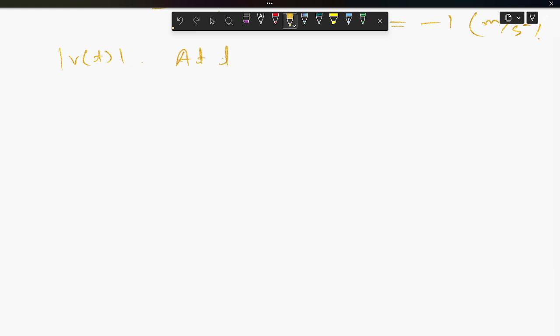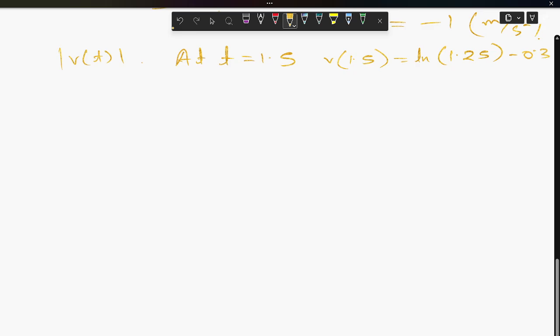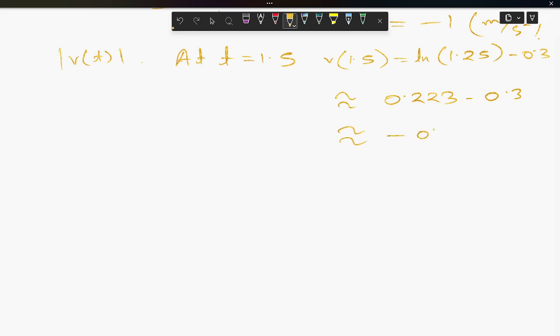So at t equals 1 and a half, v of 1 and a half is equal to ln 1.25 minus 0.3, which is approximated by 0.223 minus 0.3, and that will be minus 0.077. So we can easily see that this thing is negative. Okay.